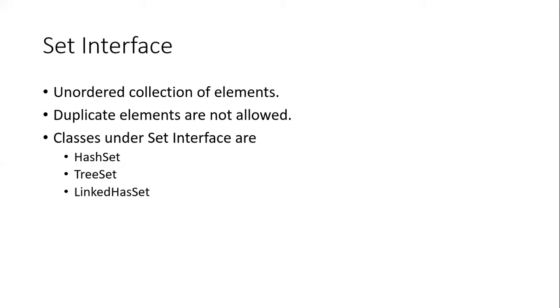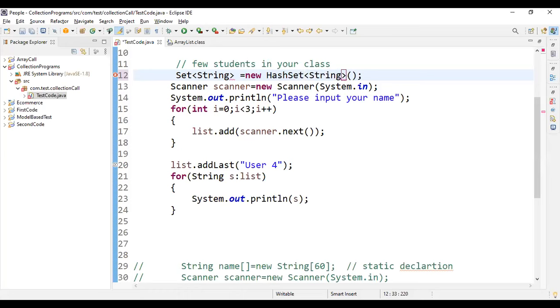So this benefit we can check by the implementation. Classes of the set interface are HashSet, TreeSet, and LinkedHashSet. So let me go with the HashSet. And the object will be set, for example. The same thing we are doing.